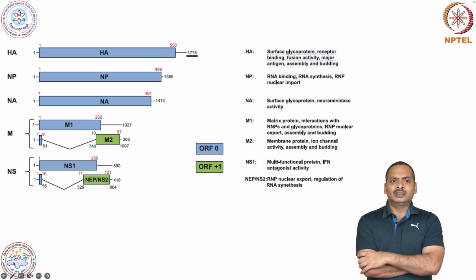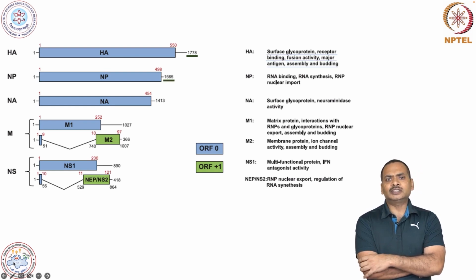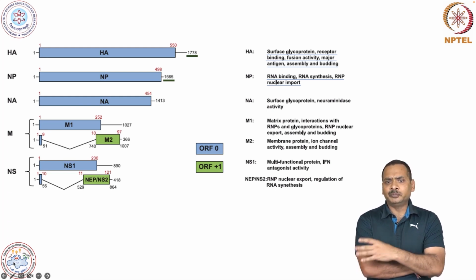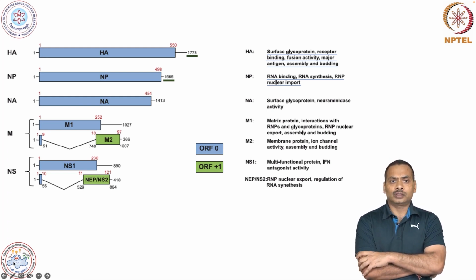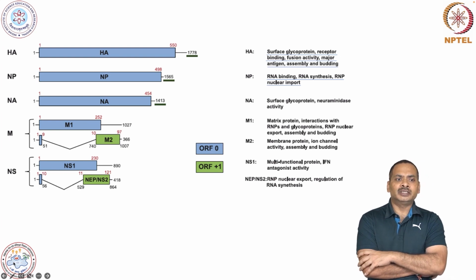Another is the NP protein, which consists of 1565 bases, and it has a role in RNA binding, RNA synthesis, and RNP nuclear import. Another protein is NA, which is neuraminidase.